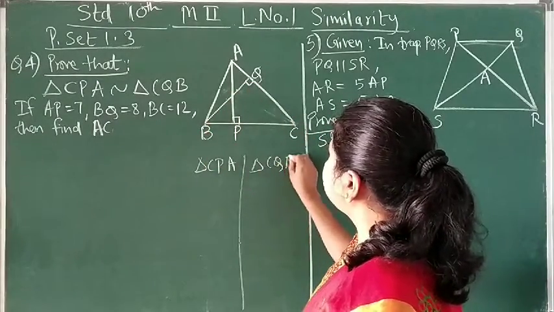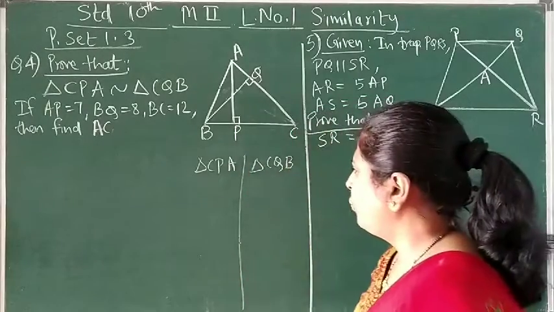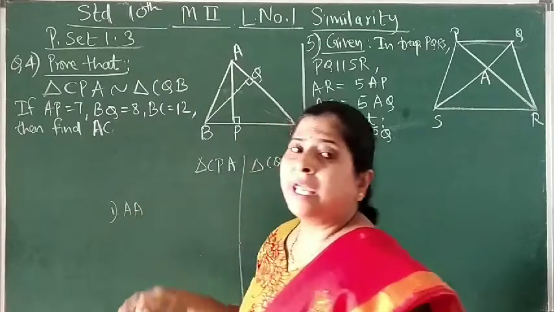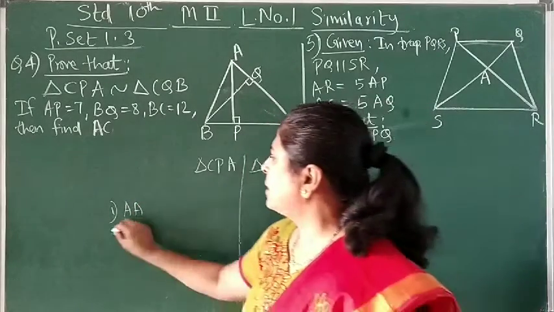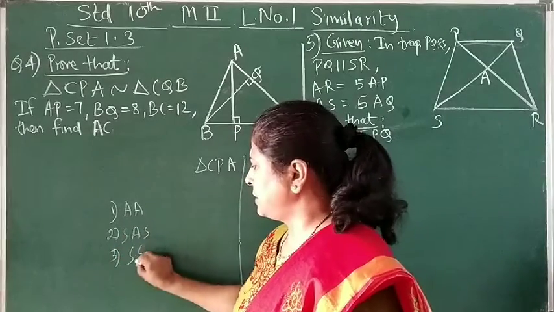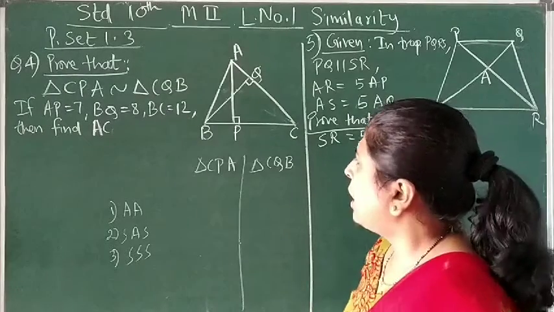Now let's see how we can prove these two triangles similar. We know we have 3 different tests of similarity: AAA or at least the AA test, second is SAS, and the third is SSS. These are the 3 tests available for us to prove any two triangles similar.